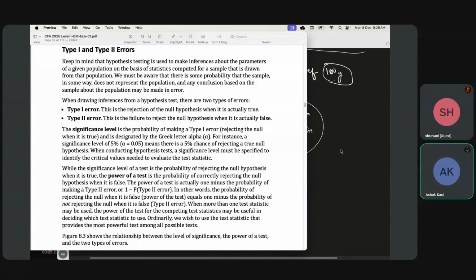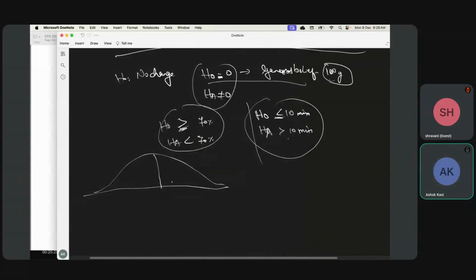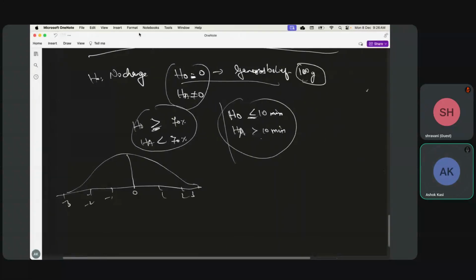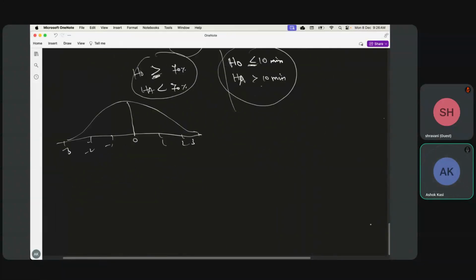Type 1 and type 2 error. Before that, this is a bell-shaped curve, and it tells you the probability of your data falling.